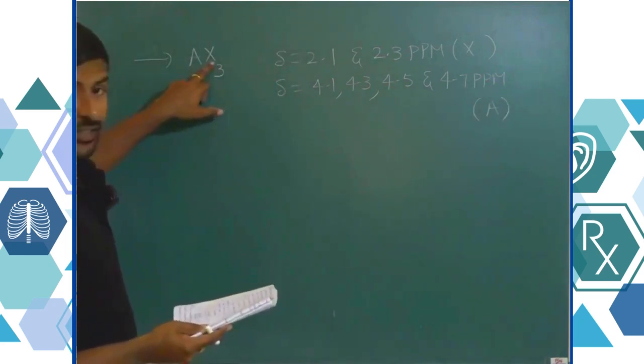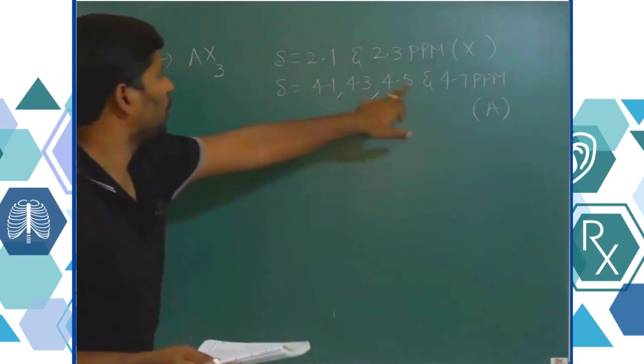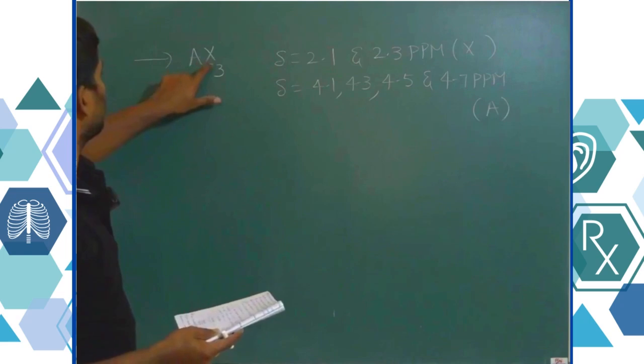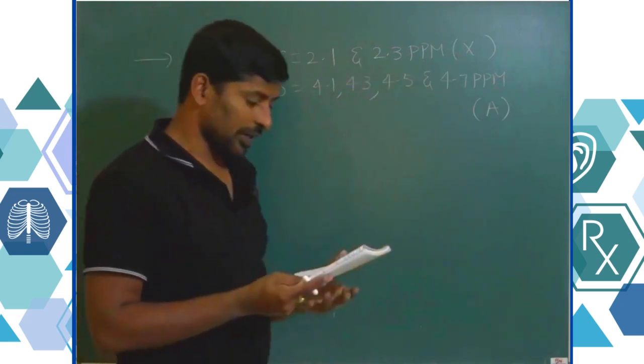Here, X type of protons are 3, so 3 plus 1, 4 lines we will get for A. For X type of protons, one A is there, so 1 plus 1, 2, a doublet we will get.